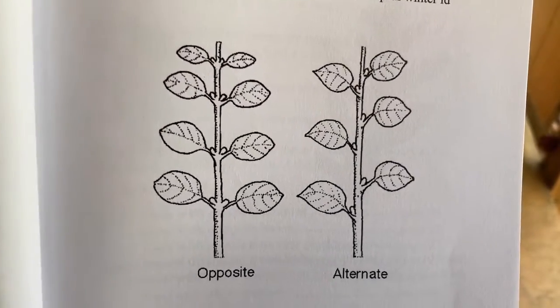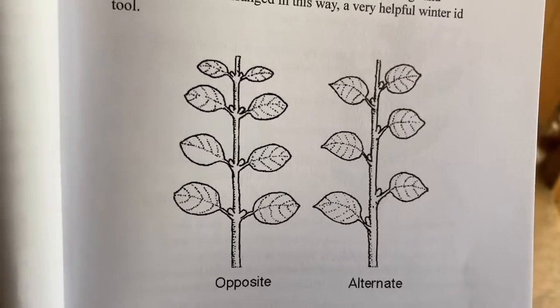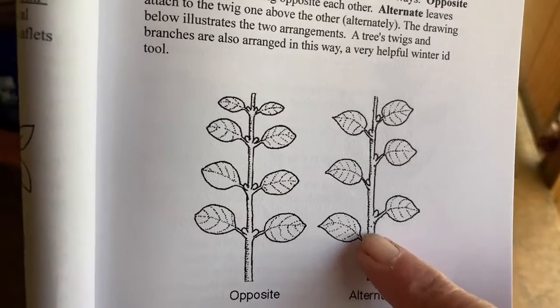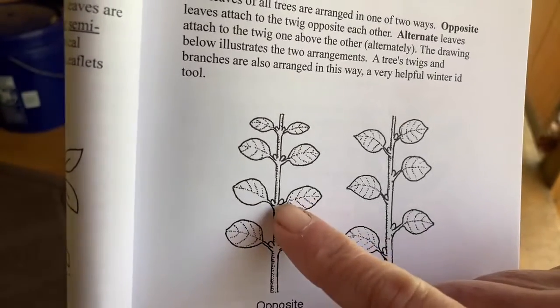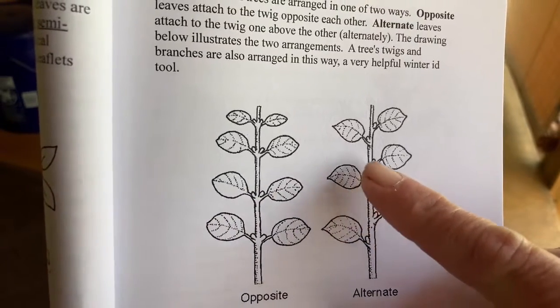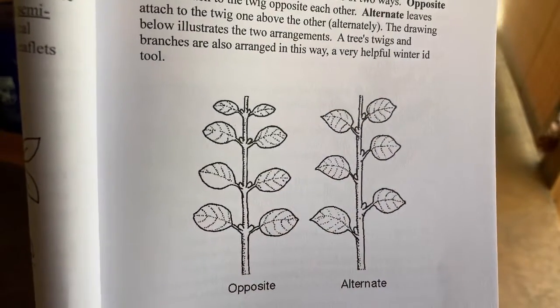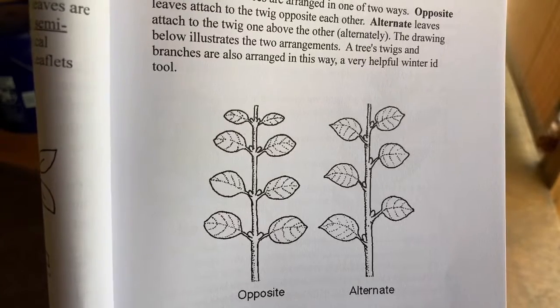So this is a great tool to help you identify trees in wintertime. Notice another thing, that there's usually a little bud where each leaf comes off. That's going to help you. It's called an axillary bud. There's usually a bud right there. It's not always there, but if you find it there, you know you've got a leaf.